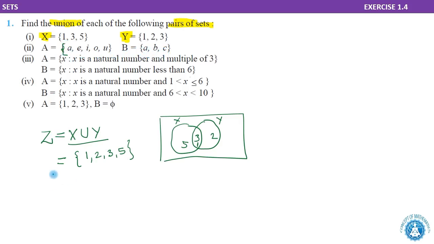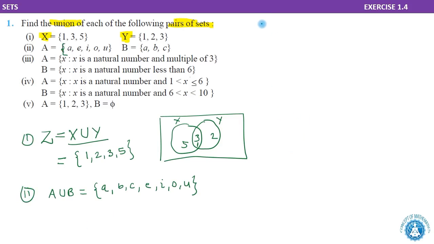Then the union of A and B will be represented by this, and it will contain all elements of A and B. Mind it, we will not repeat an element twice or thrice. So a, b, c and e, i, o, u. So this is first, this is second, right?